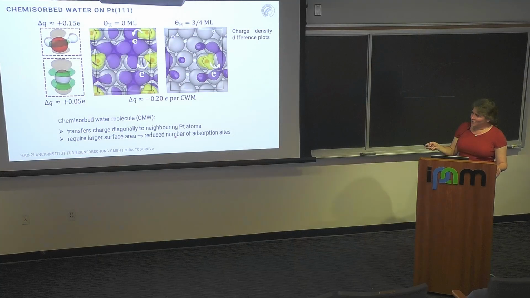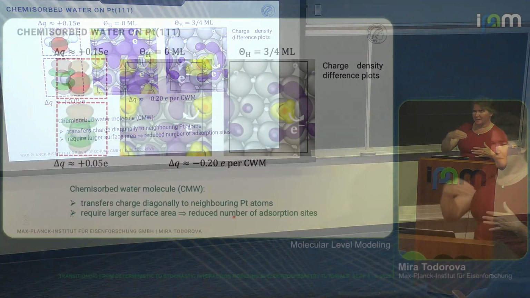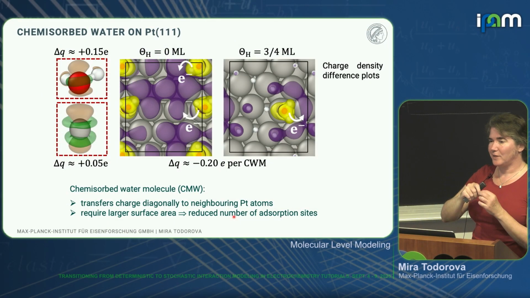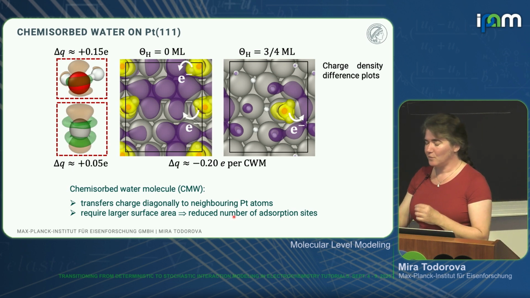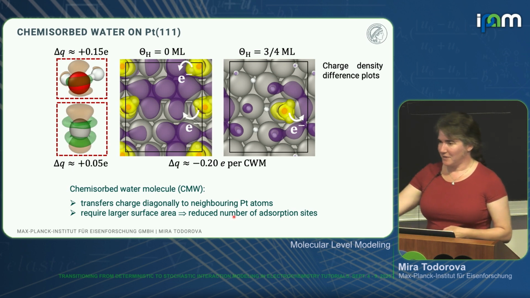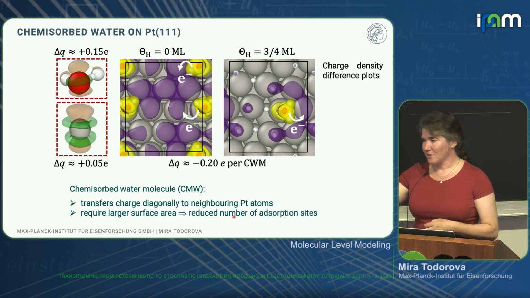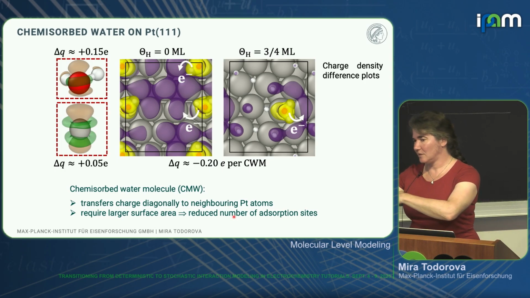So in a way, what we want to do is, here we let the system just evolve without applying a bias. If we apply a bias, we can kind of push it in this direction. So experimentalists typically can apply a charge and then see that it's correlated to the coverage.